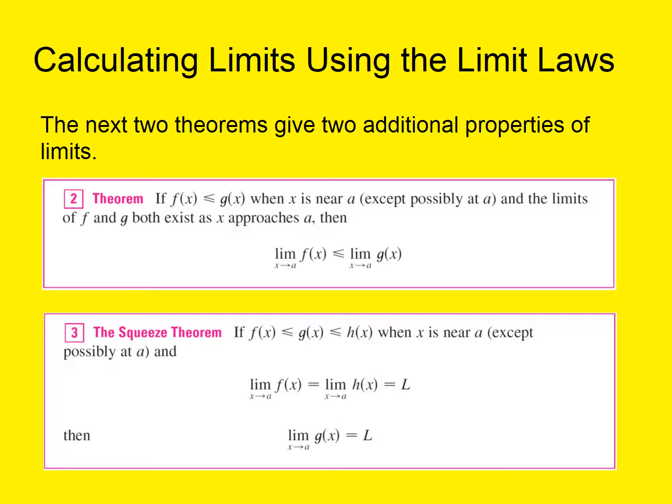And so we've got this squeeze theorem. Now we've got three functions. f of x is less than or equal to g of x is less than or equal to h of x, and we can kind of see the three graphs. This holds when x is near a, except possibly at a. Limits don't care about at a, only near a.